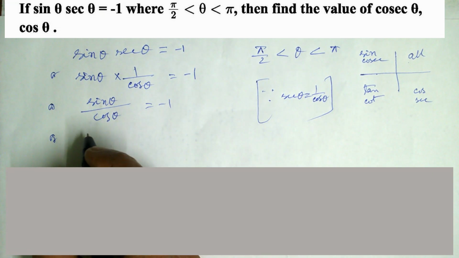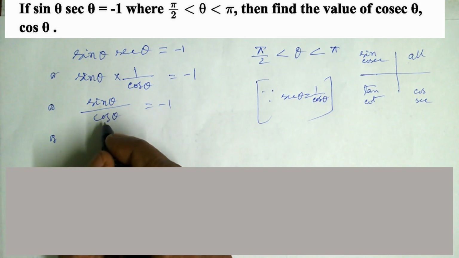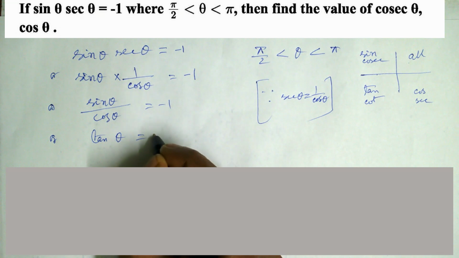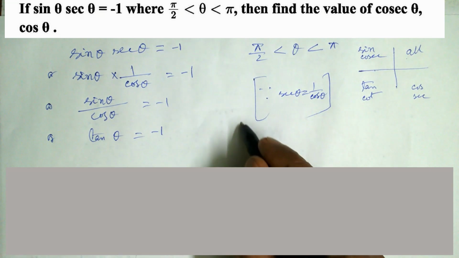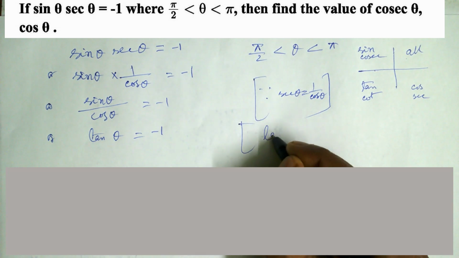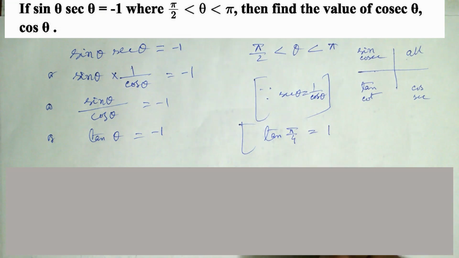There is a formula in trigonometry. Sin theta by cos theta is equal to tan theta, that is equal to -1. It is known that tan pi by 4 is equal to 1.